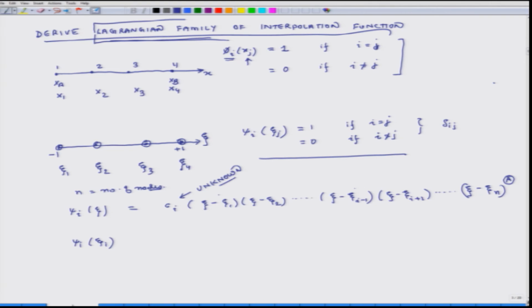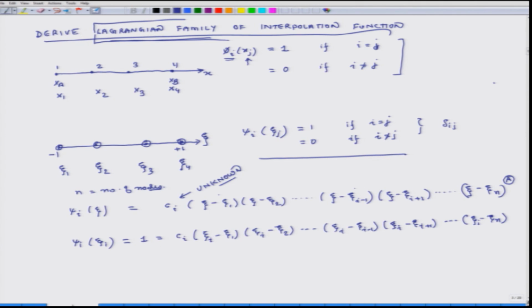Zeta I is the ith node, so psi I is 1 there, and that equals, using equation A, Ci times the product where I replace zeta by zeta I, right, everyone agrees with this.